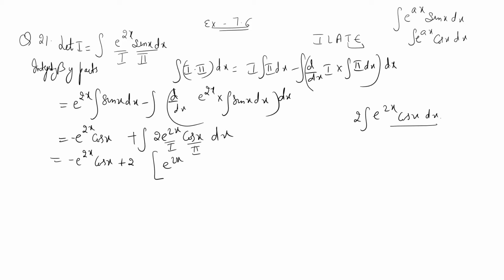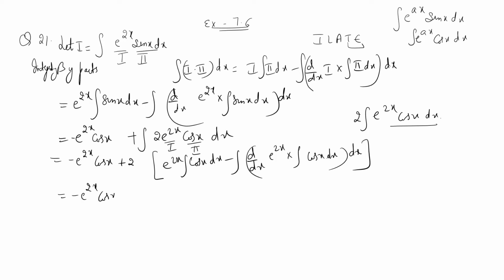So first function into integral of second, minus integral of differential of first into integral of second, and this whole dx: minus e^2x cos x plus 2e^2x integral of cos is plus sine. Be careful because sometimes the mind says no, it is minus cos, because we are very much familiar with the derivative portion. So it is minus 2, so it is 2e^2x, and it again becomes sin x dx.